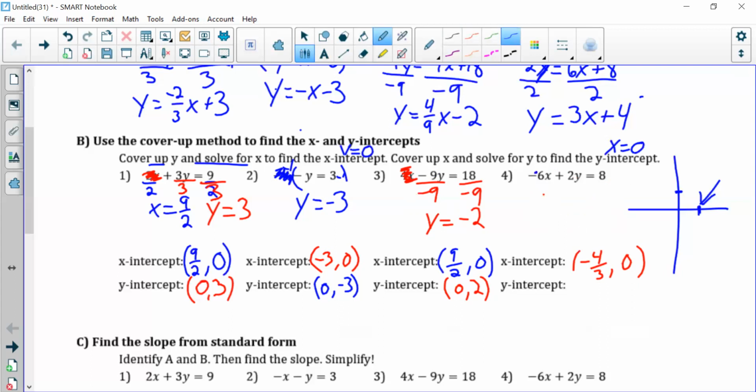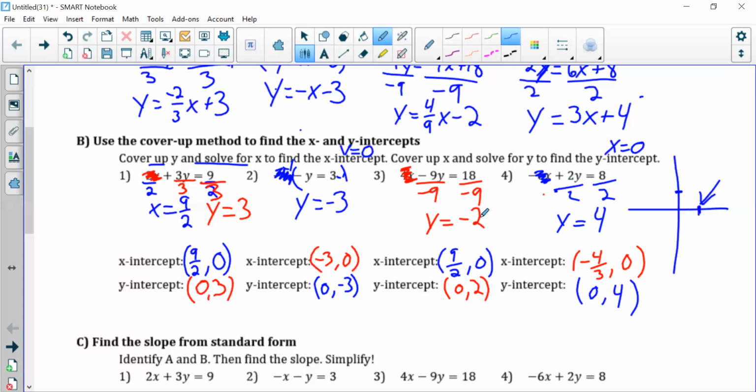Cover up my x and solve for y. So my y-intercept is 0, 4. All right, so now we've used the cover-up method and we found the x and the y-intercepts.